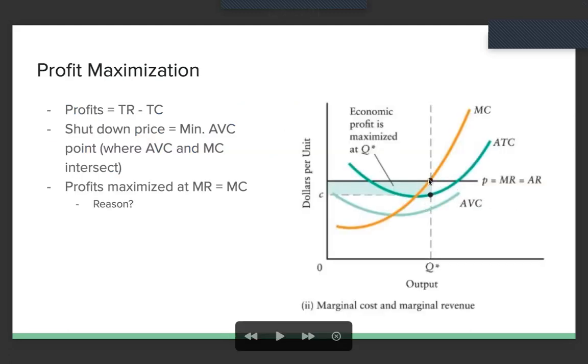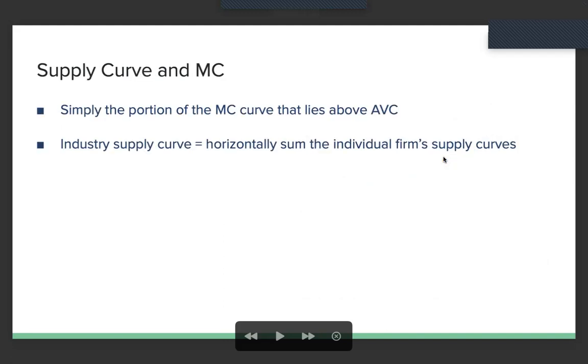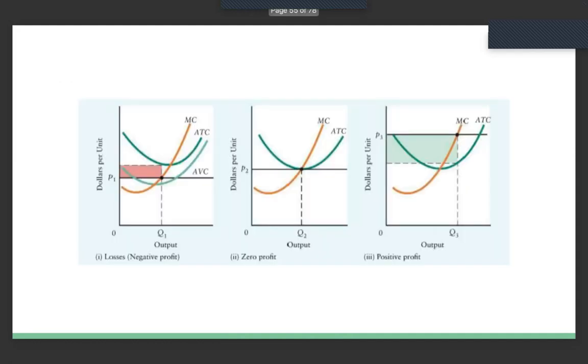So this is one of the points on the supply curve for this price level. Similarly, on the rest of the marginal cost curve, you'll have different price points, and joining those gives you the supply curve. And the industry supply curve would just be the sum of all individual firm supply curves.